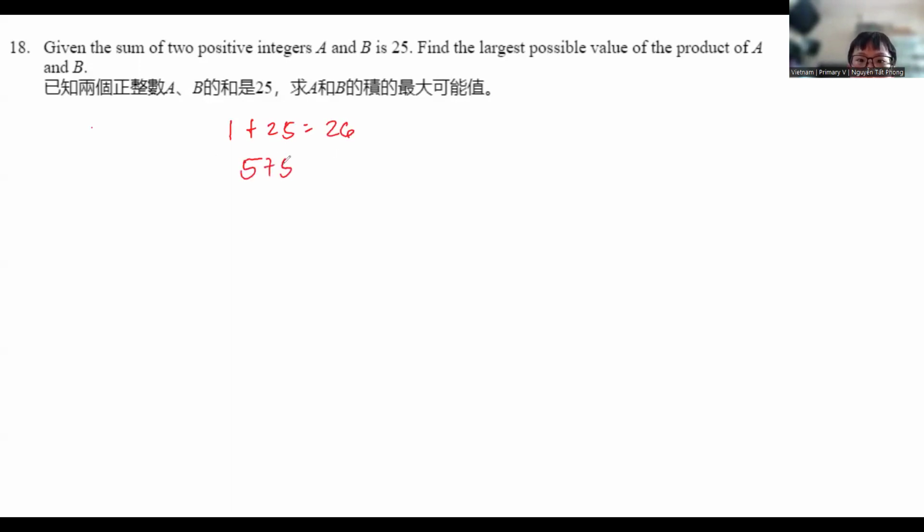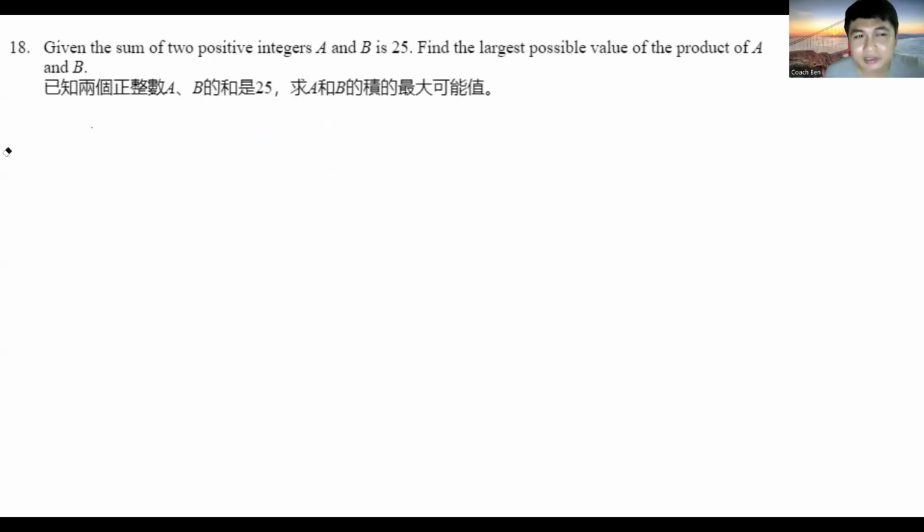So the largest possible value of... sorry, I misread the question. It's okay. Can I correct this, please? Okay, go ahead.